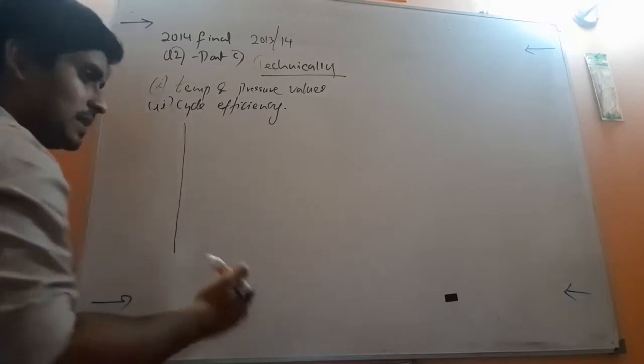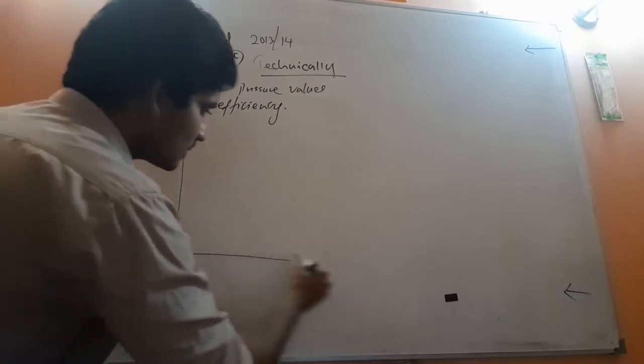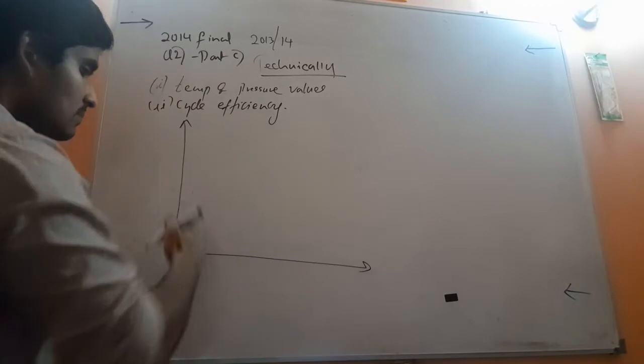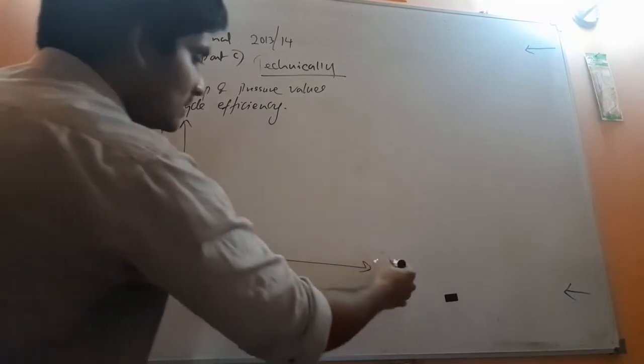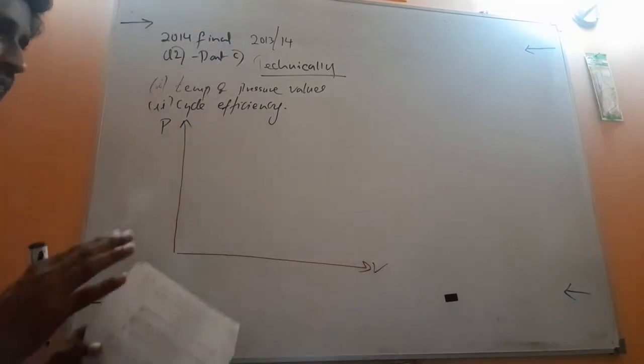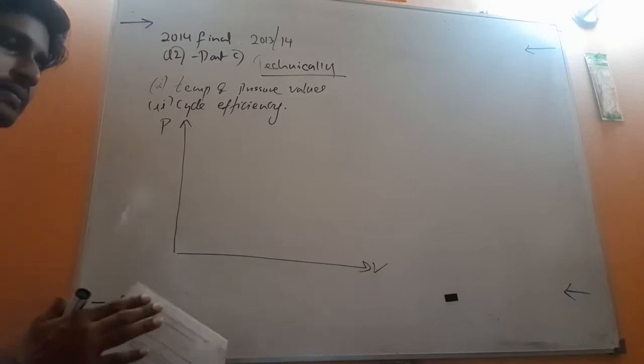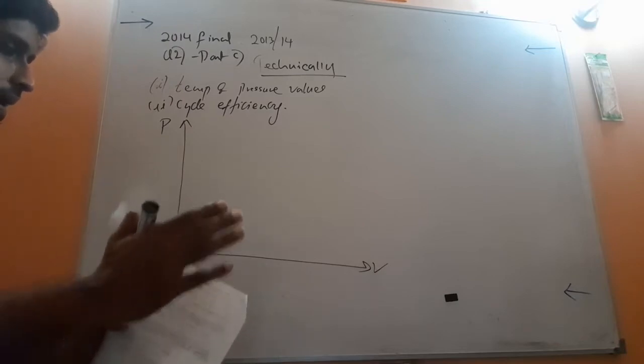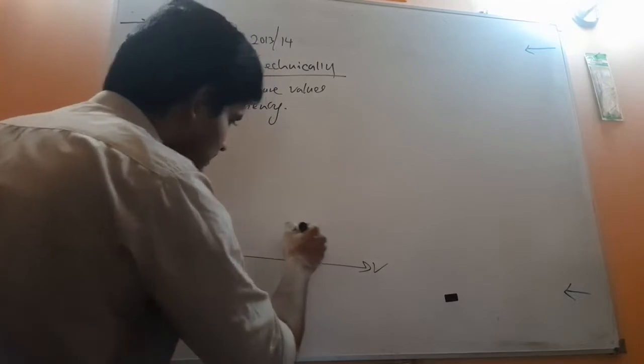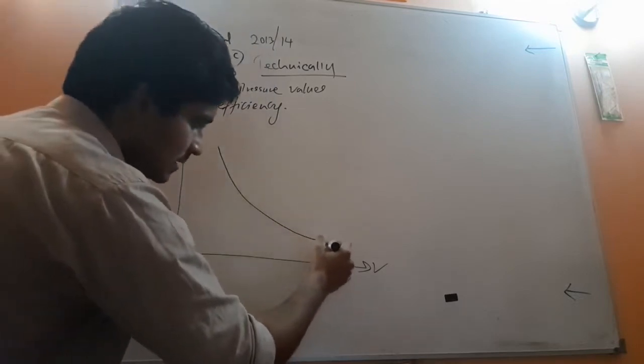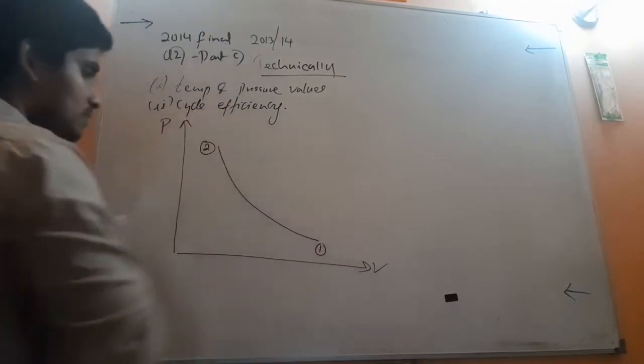First we will sketch the PV diagram. So this is P and this is V. What is the first process that we have? We have reversible adiabatic compression, process 1 to 2.